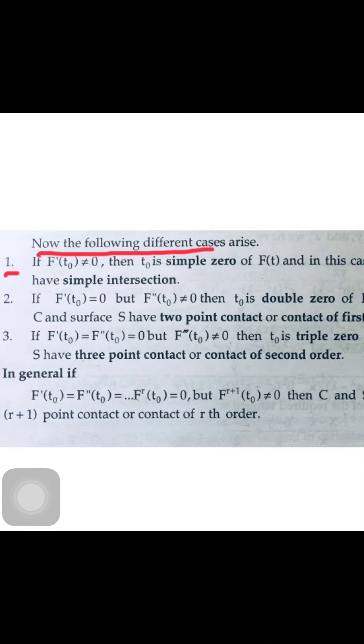Okay, so let's say f^n(t0) is not equal to 0, then it is an nth point contact and the order is (n minus 1)th order. So these are the many cases we can get from the last term of the last slide by using which terms are 0, putting these terms 0, and the remaining term shows the point of contact or order of contact.